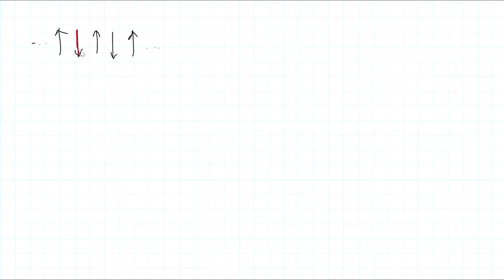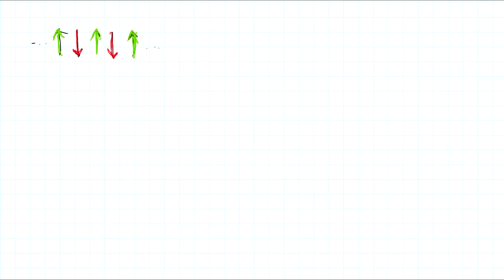So this would be the other lattice with magnetic moments pointing down, and this would be the first lattice. Let me make it also colored green. Okay, so two lattices.